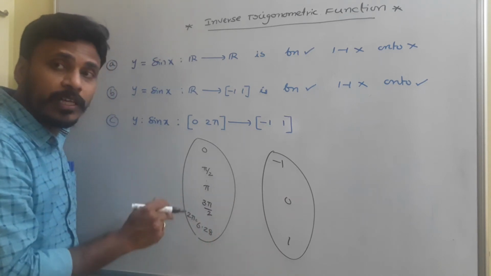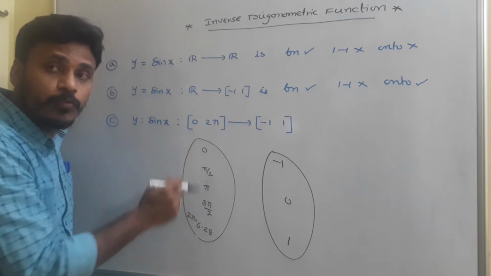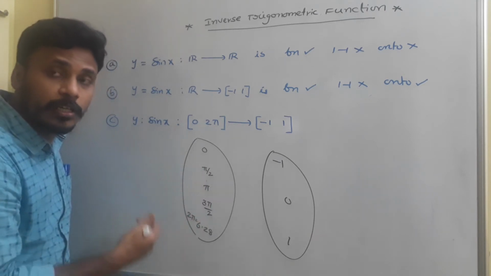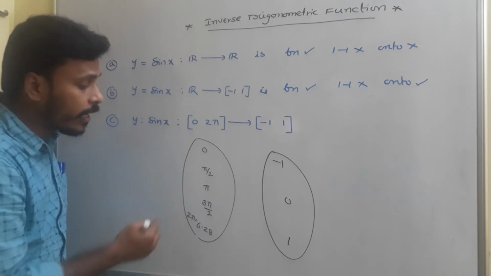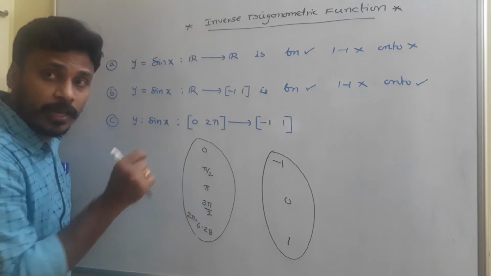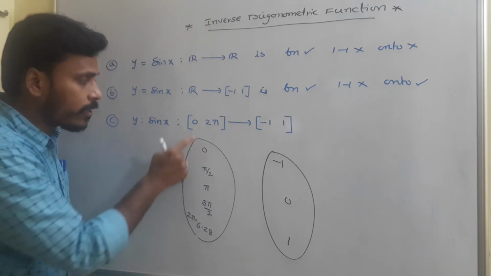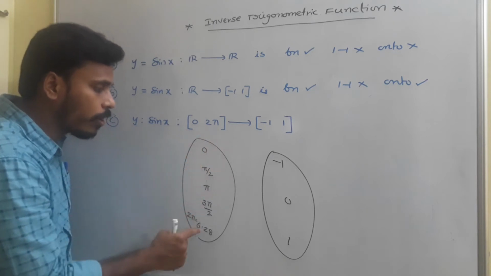In terms of degrees, 90 degrees, 180 degrees, 270 degrees, and between these we have 45 degrees, 60 degrees, 120 degrees, like that. In terms of radians, we say them as pi by 2, 1.57 radians, pi, 3.14 radians, like that. In between 0 to 2 pi we have all these angles.